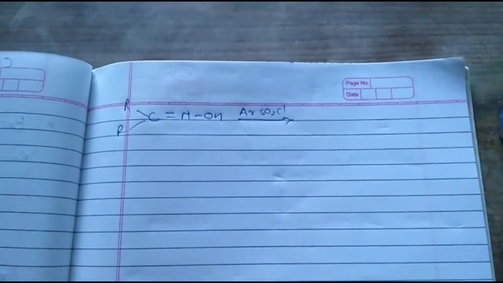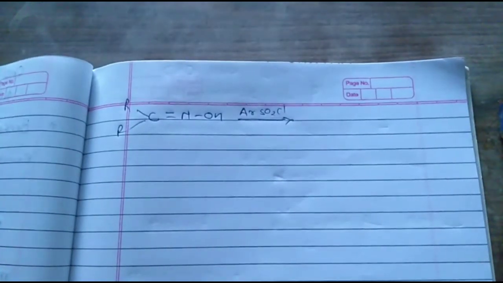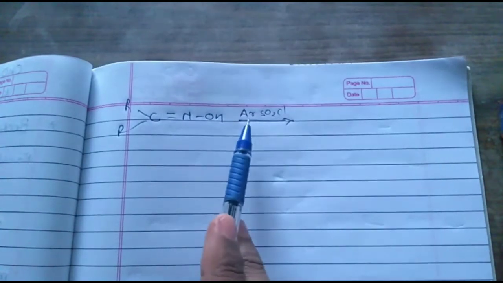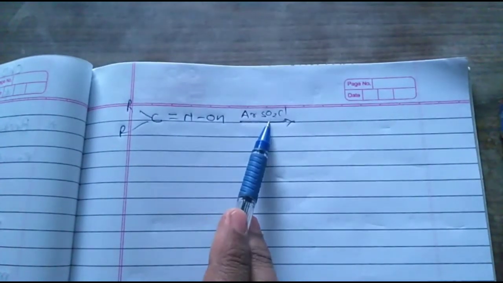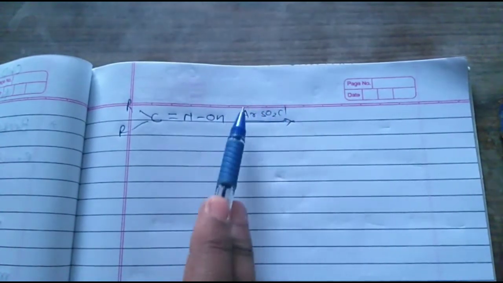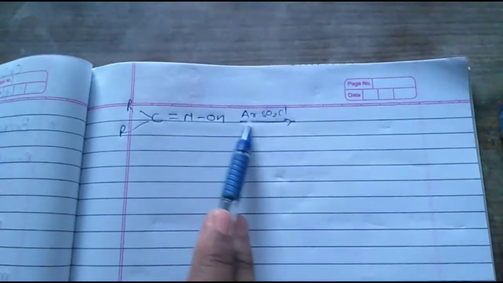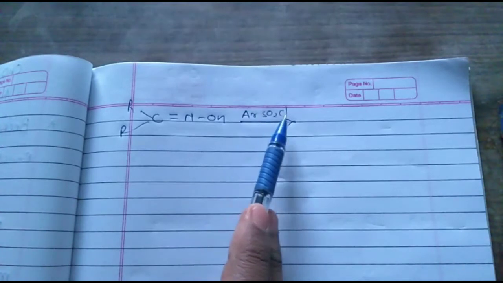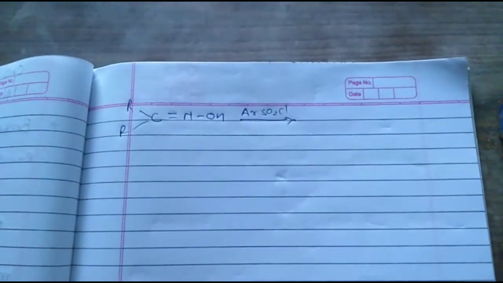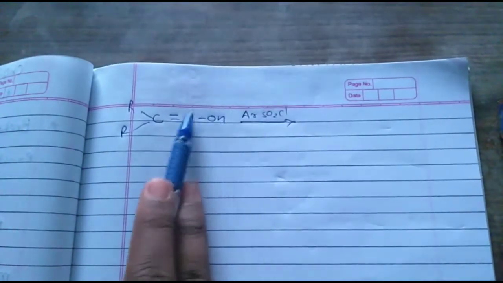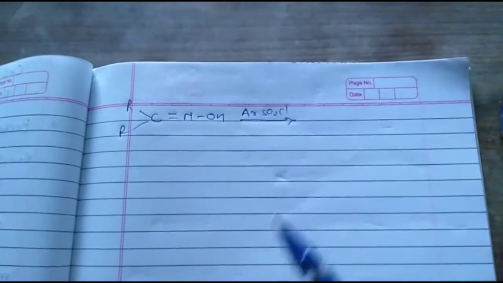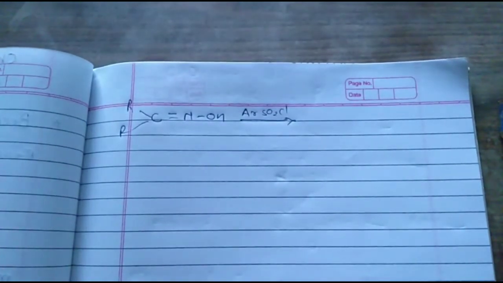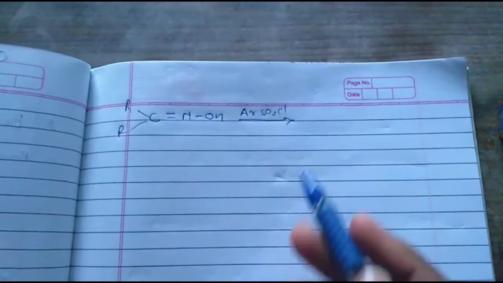Here the Beckmann rearrangement can be catalyzed by another reagent, that is what? Aryl sulfonyl chloride. This is another reactive or catalyzing compound, aryl SO2 sulfonyl chloride. This reacts with the oxime, and there is a formation of the corresponding sulfonate in this manner.